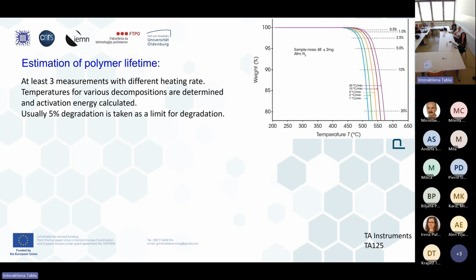Estimation of polymer lifetime is also very important, especially if our polymer is used in a harsh environment at a higher temperature.